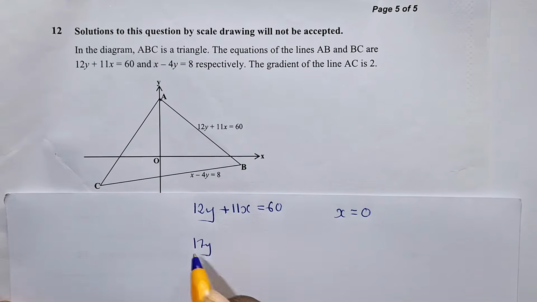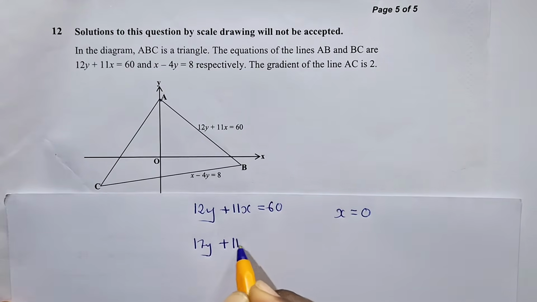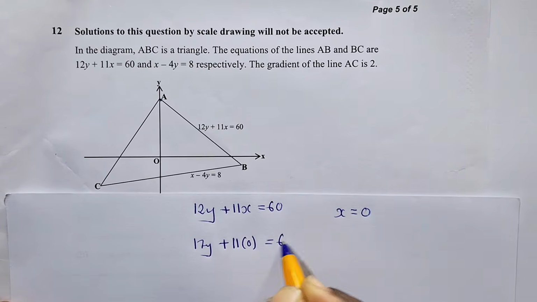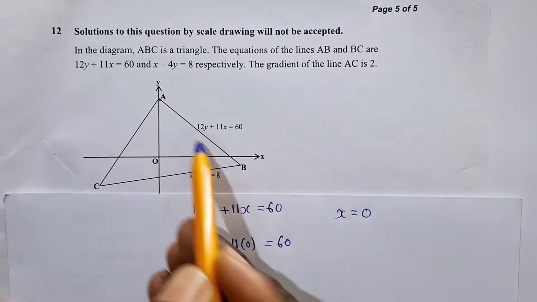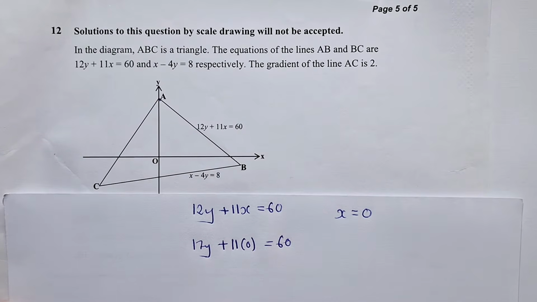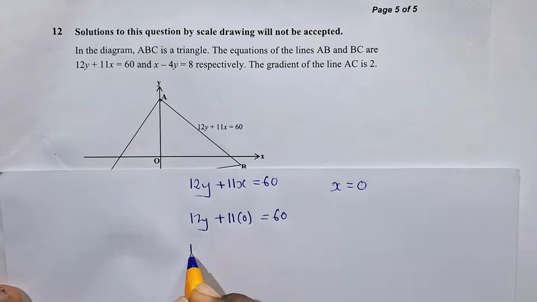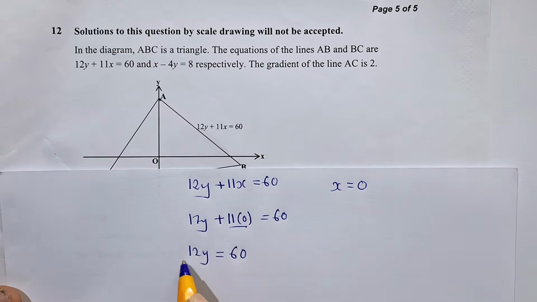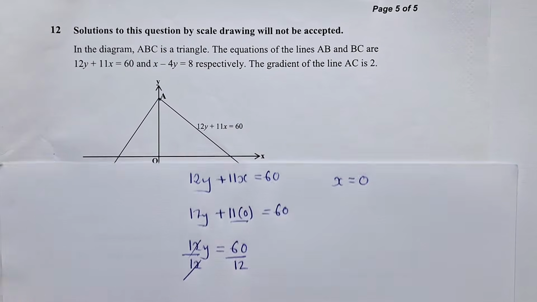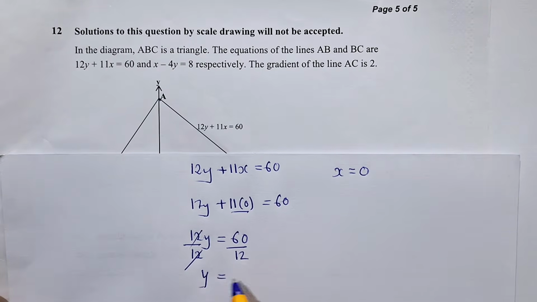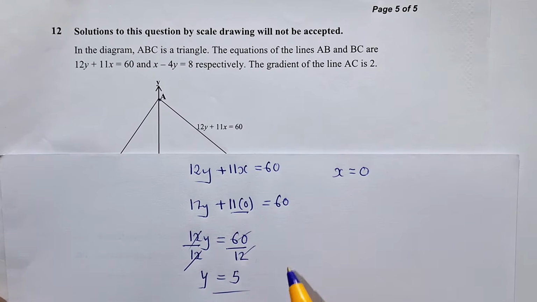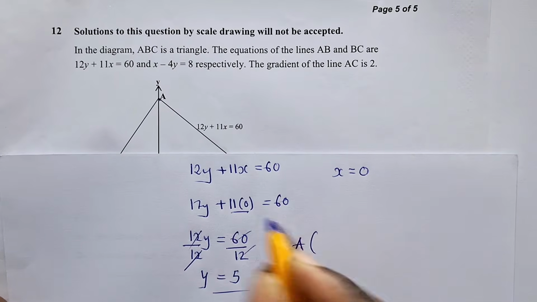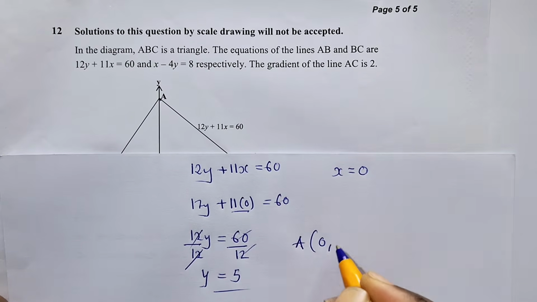We substitute it where x is in our equation, which is crossing the y-axis at A. So there's a 0 to put, and you're going to get 12y is equal to 60, because this will give us a 0. Divide by 12 on both sides. The value of y will be equal to 5, because 12 into 12 is 1, and 12 into 60 is 5. Therefore, the coordinates at point A are (0, 5).